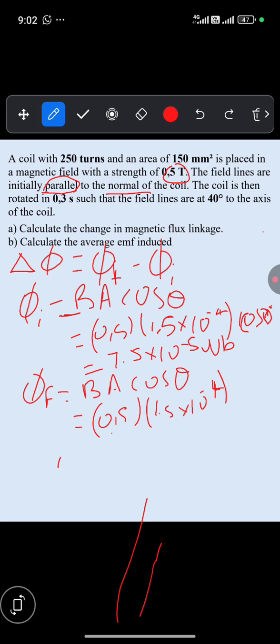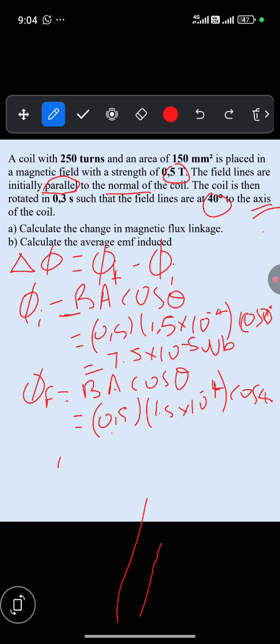Then cos of, they said 40 degrees to the axis, and axis means normal. So the angle is the normal 40 degrees.